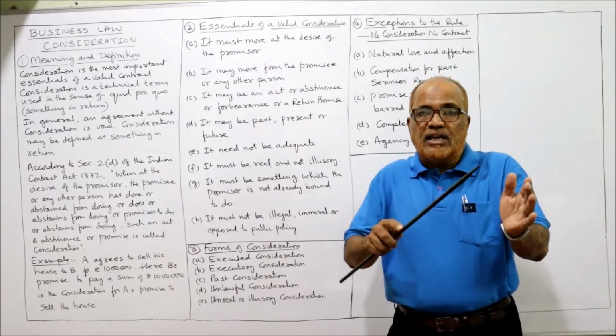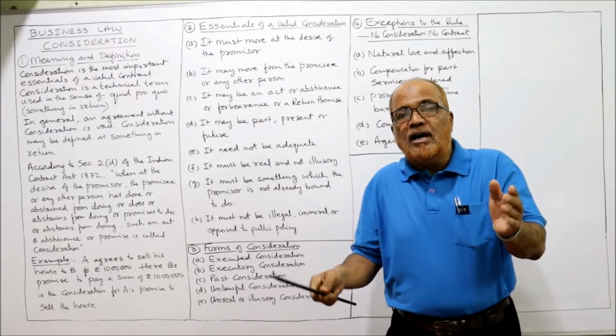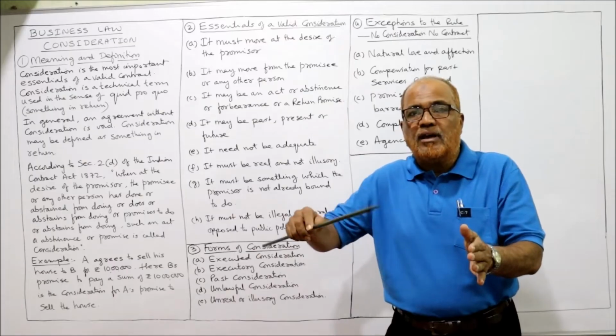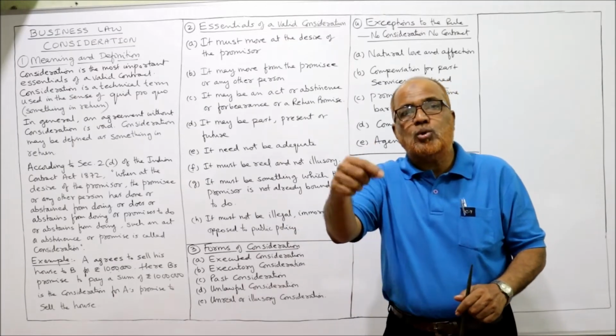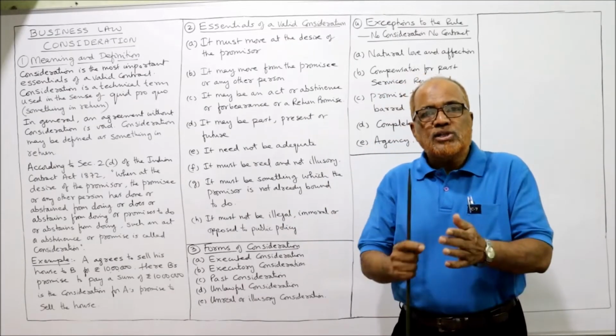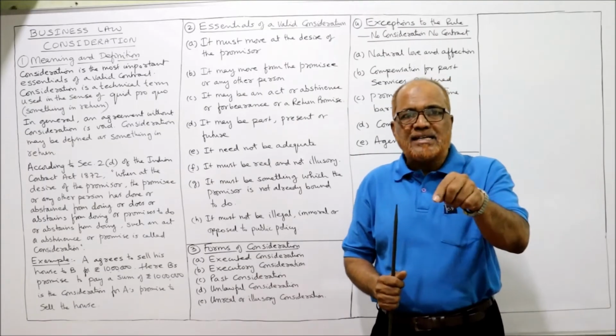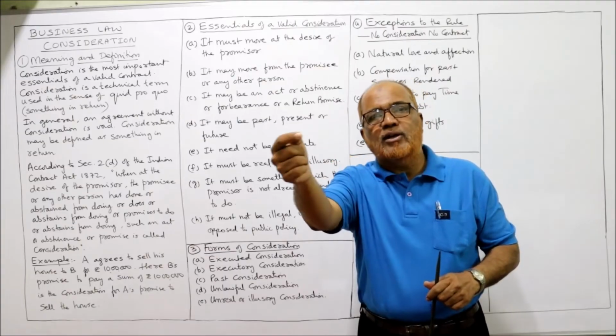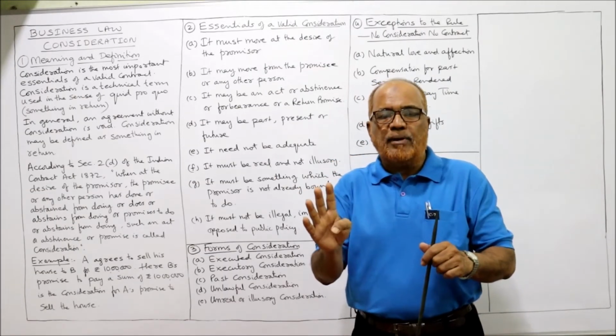So A is gifting the property to B on a condition that from this property every year you have to pay a certain sum of money to C. So B has entered into an agreement to pay a certain sum of money annually to C. That is the agreement.